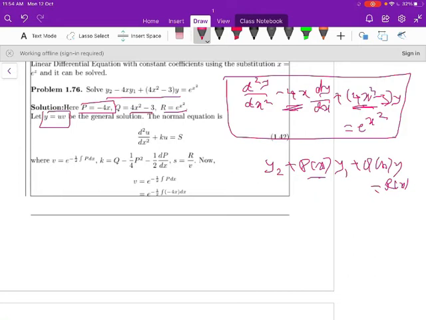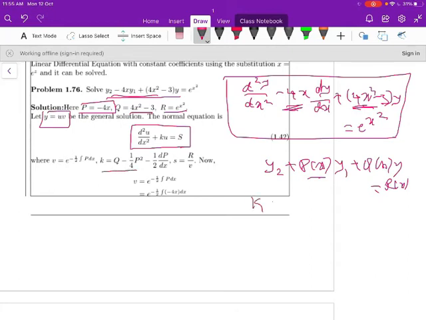Once we take the general solution with the help of the normal form, our equation is reduced to this form: d²u/dx² plus k(x) u is equal to s(x), which you have seen in the procedure.